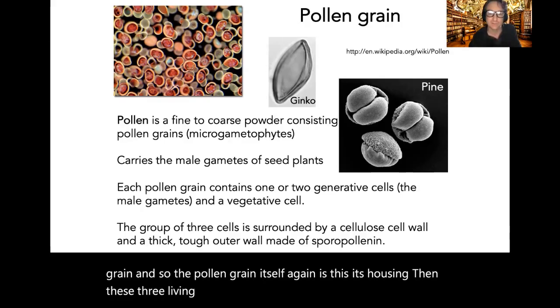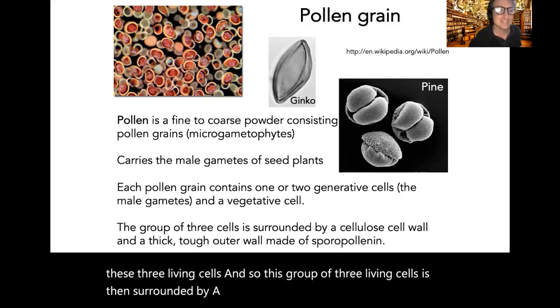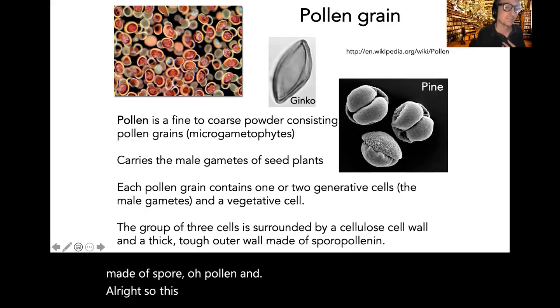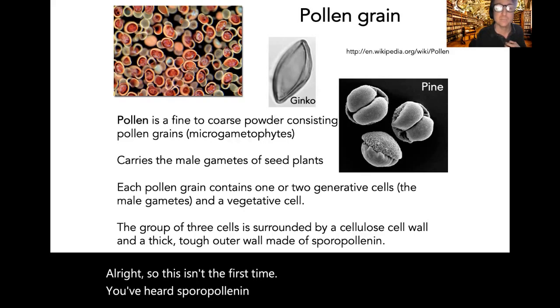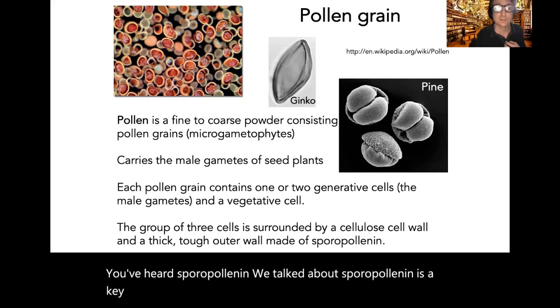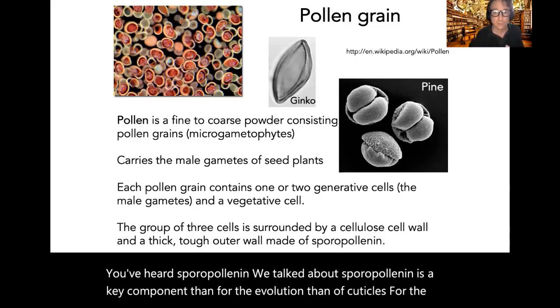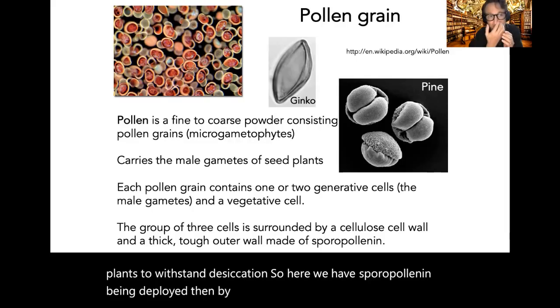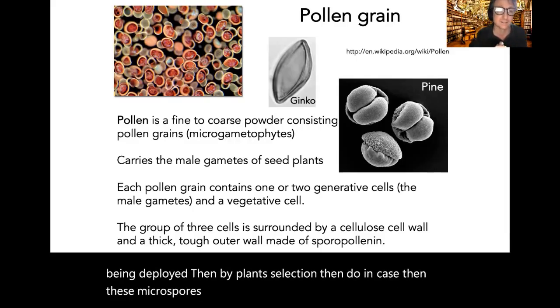This group of three living cells is surrounded by a cellulose cell wall and a tough outer layer made of sporopollenin. All right, this isn't the first time you've heard sporopollenin. We talked about sporopollenin as a key component for the evolution of cuticles for the land plants to withstand desiccation. So here we have sporopollenin being deployed by plants, through selection, to encase these microspores to make sure that they don't desiccate these living cells.